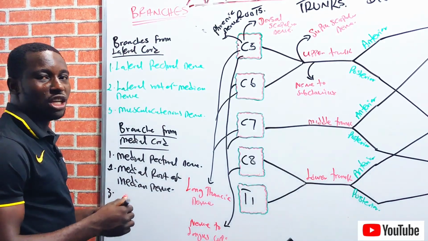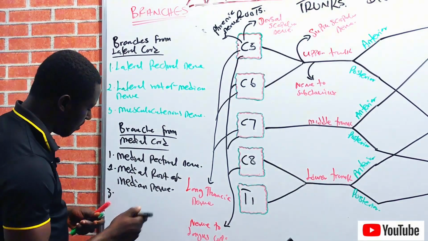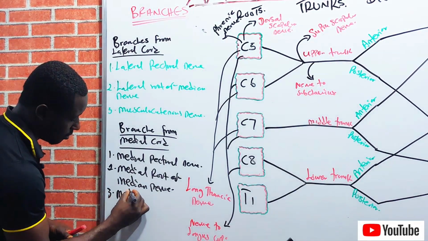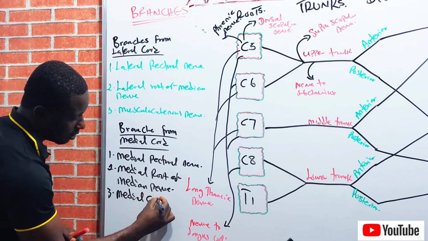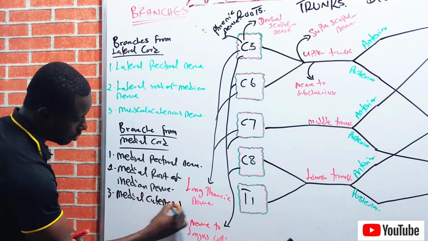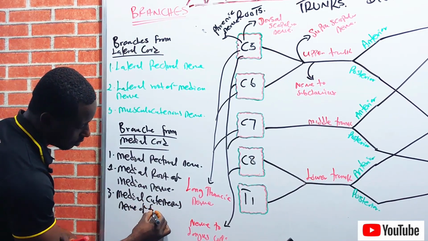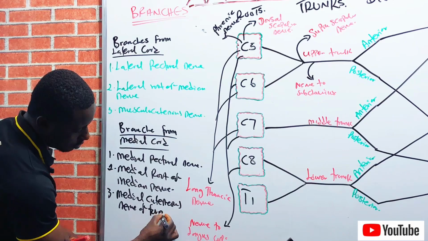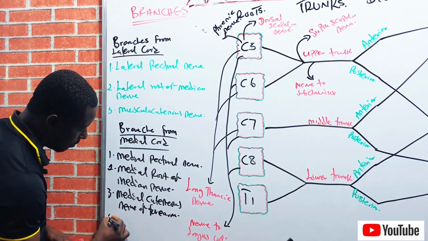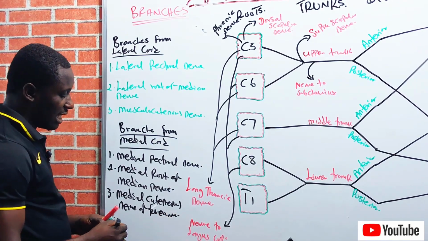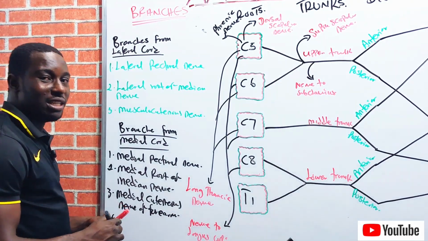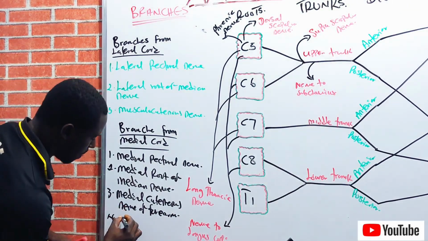the medial cutaneous nerve of the forearm. Number 4 is the medial cutaneous nerve of the arm.